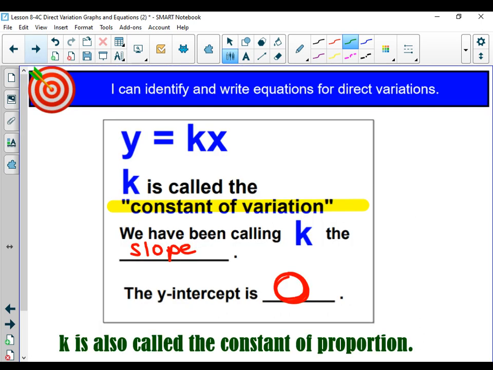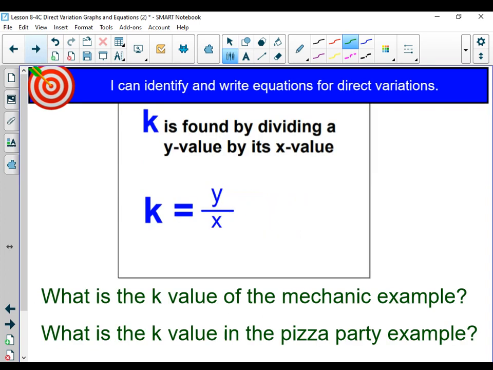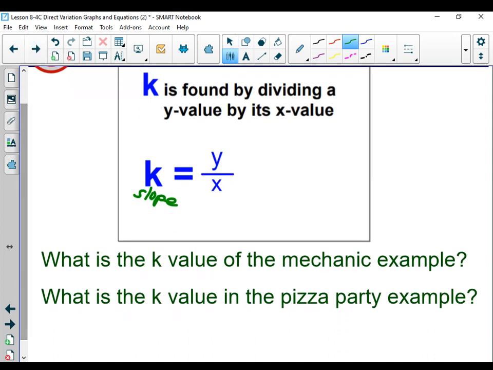Last part. We kind of talked about that already. Finding the value of k. The last one that Ellie talked about. K is what again? Slope. I can find k super easy by putting y over x.